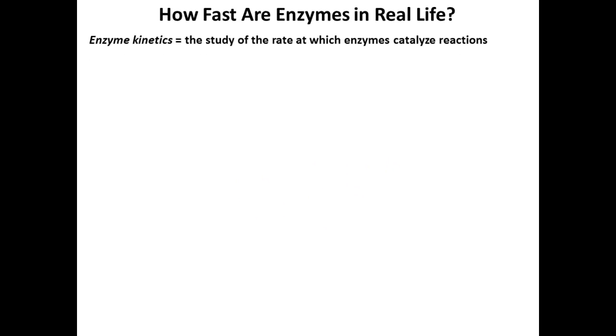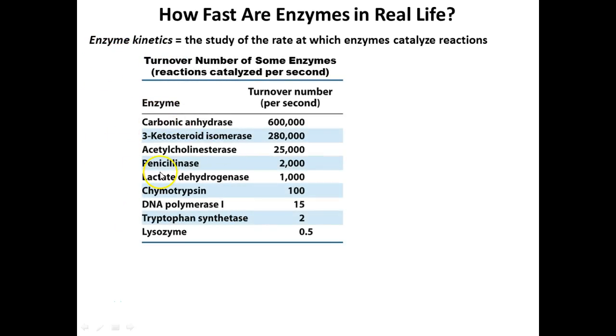All right, so that's why we see that effect. So how fast are enzymes in real life, right? There's the study of how fast chemical reactions can happen utilizing certain enzymes, referred to as enzyme kinetics. So for certain enzymes, they've figured out, and you can see some of them are really fast, right? This one can produce 600,000 products per second.